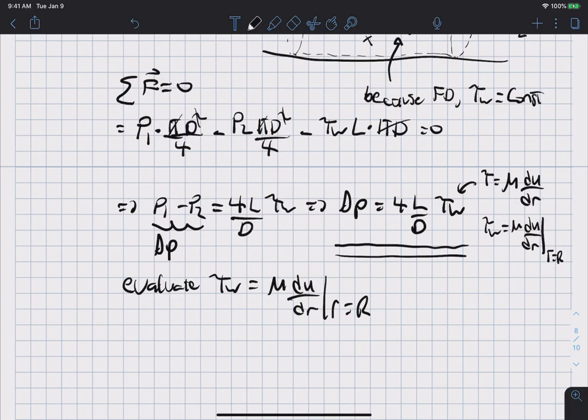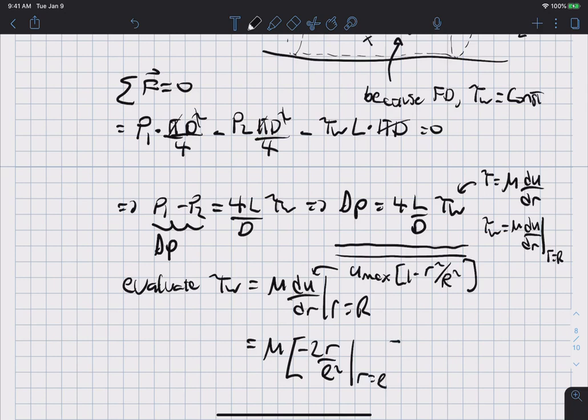And we substitute in our formula Umax times 1 minus r squared over cap r squared. And we just take the derivative of that. That equals mu times minus 2r over cap r squared evaluated at r equals cap r. Oh, and I forgot to multiply that by Umax.